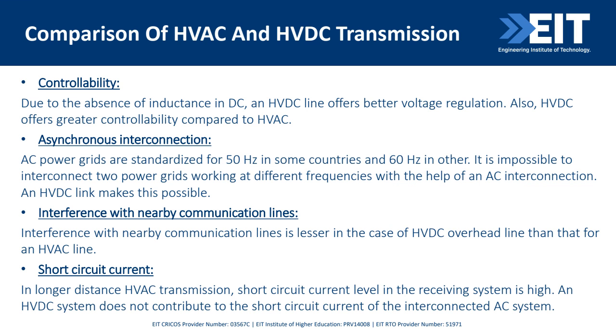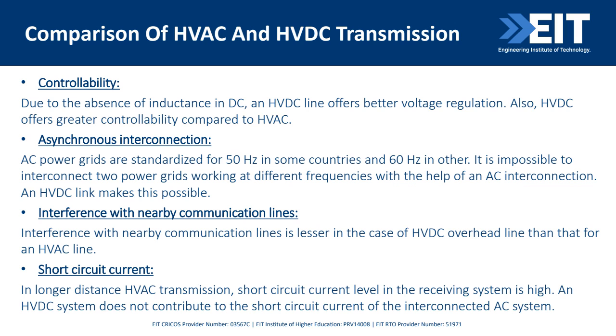In some countries, we have a mix of both. Like some of the Asian countries, they have some networks working at 50 hertz, and another part of the network working at 60 hertz. Then it is impossible to interconnect two power grids working at different frequencies with an AC interconnection, because of the synchronization issues.